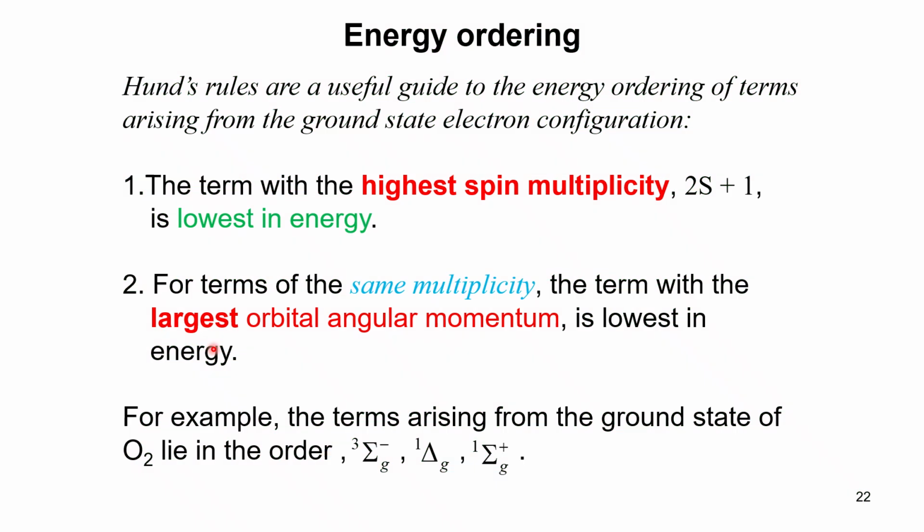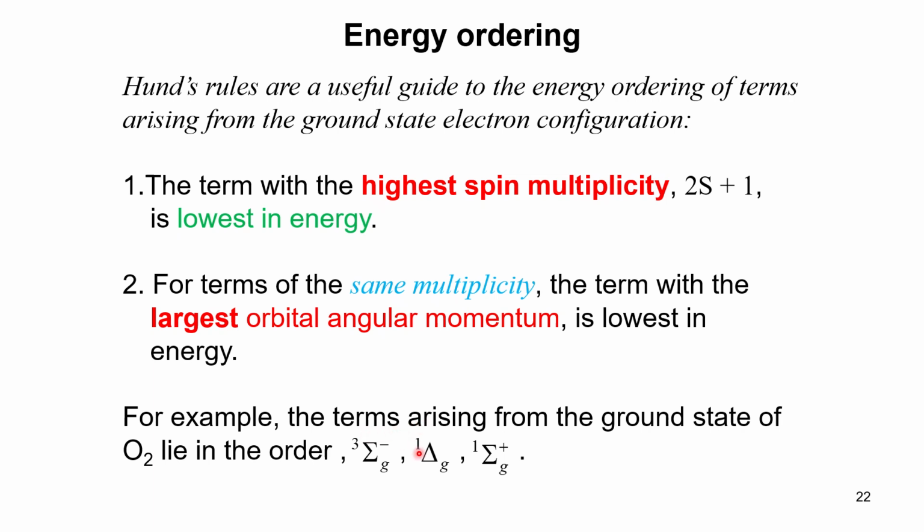For example, the terms for oxygen lie in the order of triplet sigma, followed by singlet delta, followed by singlet sigma.